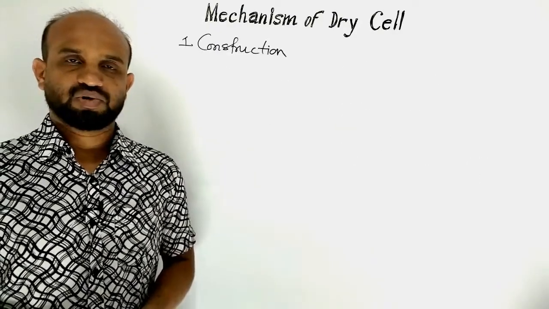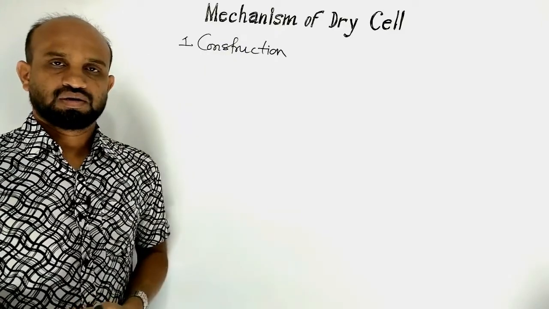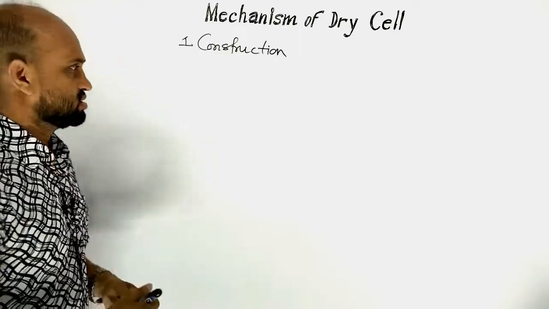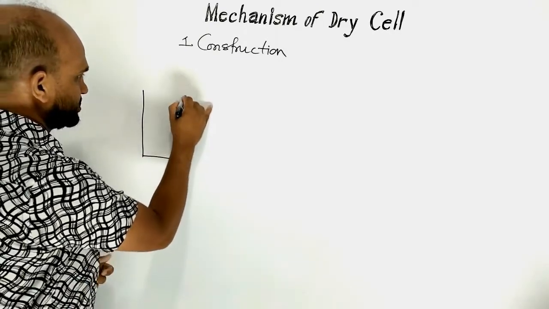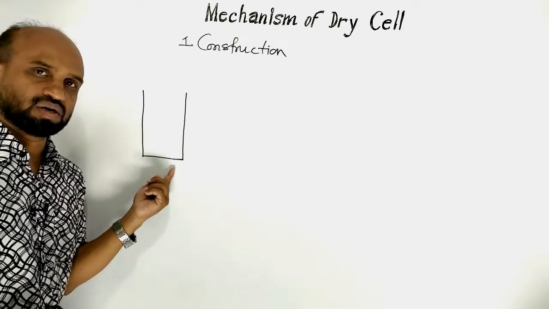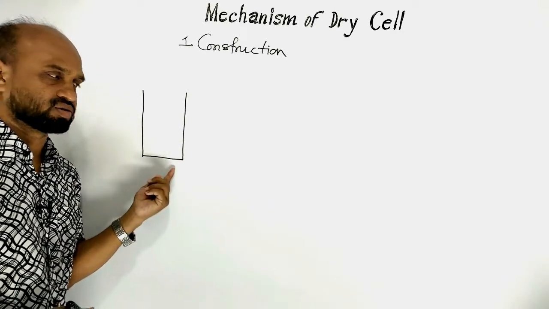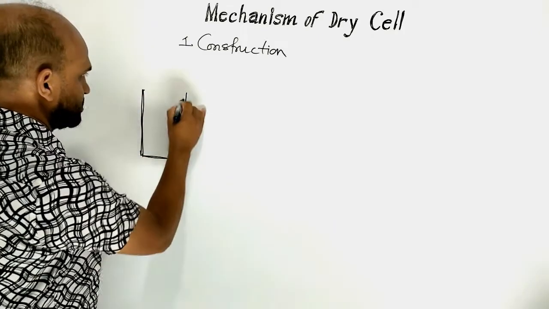The very first point is the construction of the dry cell. Let's see the matter. A zinc vessel or cylindrical zinc vessel is taken. This is the cylindrical zinc vessel.